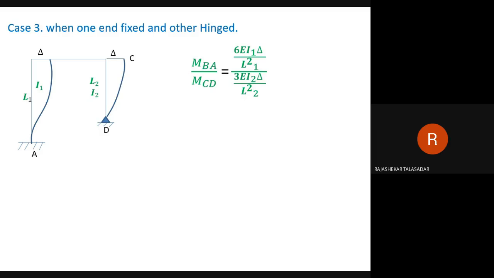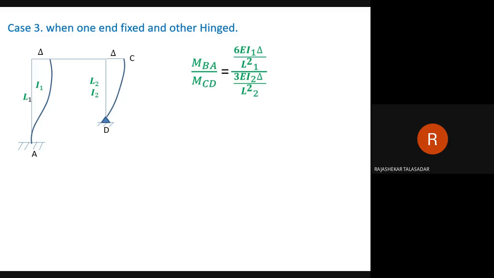Now if I write the column head moments ratio, MBA by MCD, MBA is 6 EI delta by L square, MCD is 3 EI delta by L square. Of course, you enter I1 and L1 for the AB member and I2 and L2 for CD. Now what will be the ratio? Can you tell me now? Here 6, sorry, E delta is common.